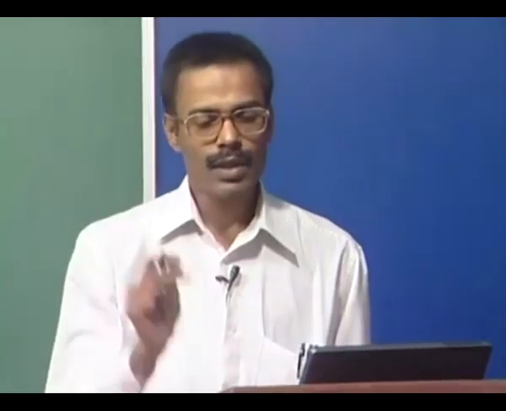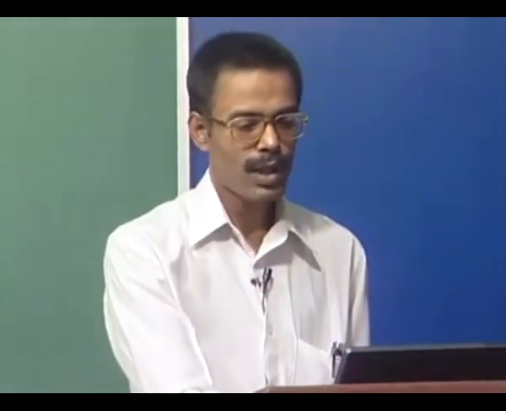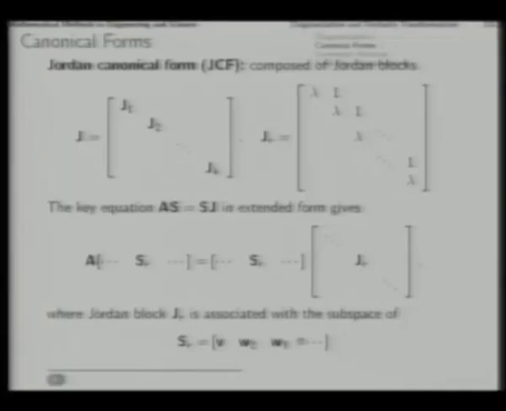So, block by block, if we equate like this, we find A S_R equal to S_R J_R. Then using the expression for S_R from here with columns V, W2, W3, etc., we can write A V, A W2, A W3, etc. in the product for A S_R. On this side, S_R is this and J_R shape is this. That will give us V multiplied with lambda as the first column.